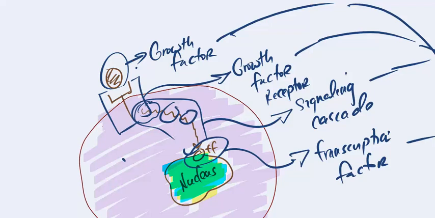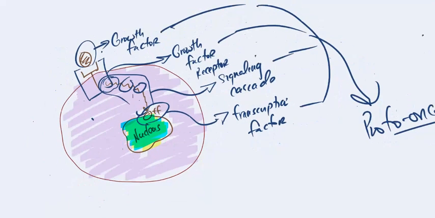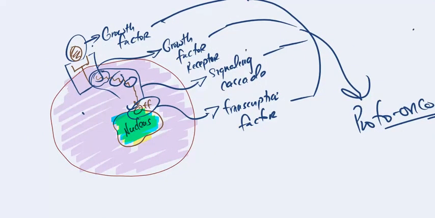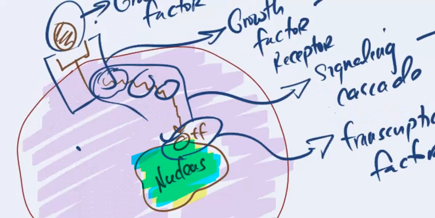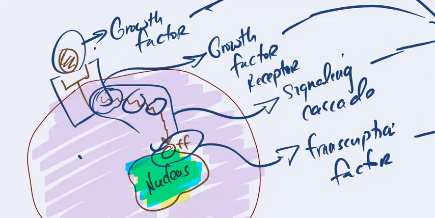Or if the transcription factor is somehow on, that could also lead to the same thing. So essentially, anywhere along this pathway, something can go wrong which will promote cell growth and cell division. Does this make sense? So when you're thinking about proto-oncogenes, you're thinking about something within this cascade.